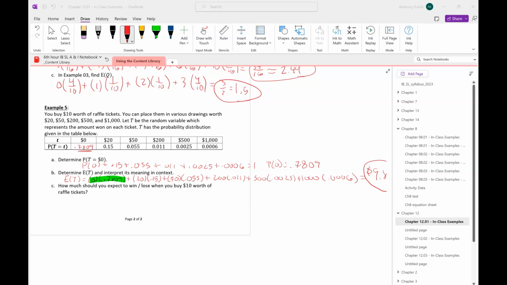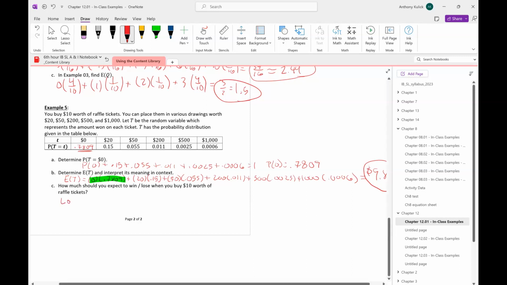How much would you expect to win or lose when you buy $10 worth of raffle tickets? Wait. Do I use the expected minus the... yeah, do I just do 10 minus that? Okay. So here's the way you'd answer this.